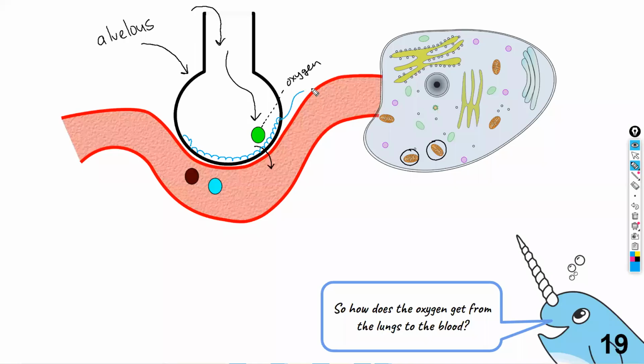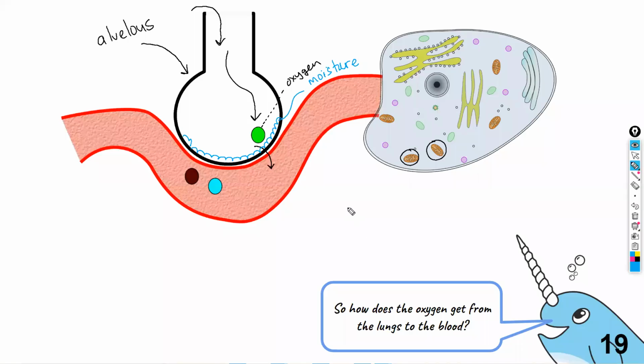So that blue part there is moisture. Hope I spell it correct here. Any spelling errors, I'll rectify that later. So when the oxygen comes in, it's going to touch the water, the moisture. It's going to dissolve. And when it dissolves, it can move across into the bloodstream.